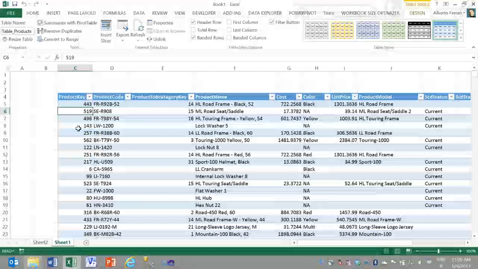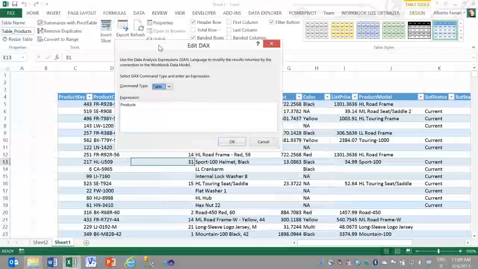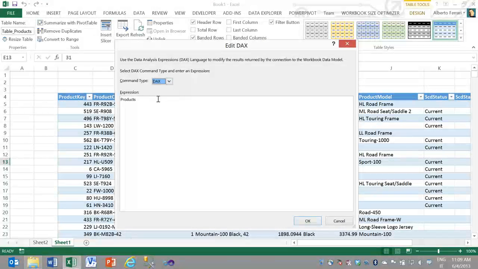Now we have the product table coming from the Excel data model inside our Excel workbook. We go to Table, Edit DAX, and while this functionality is very well hidden, it is indeed very powerful because we can write here some DAX code, and this DAX code will let us work inside Excel with data coming from DAX.